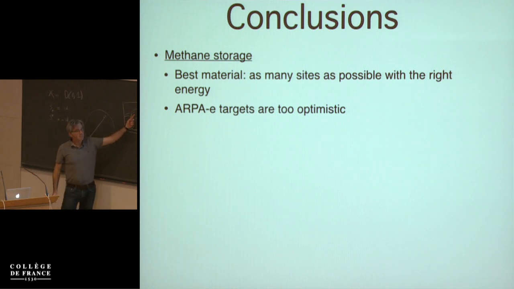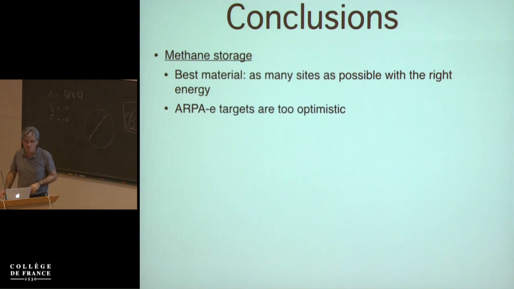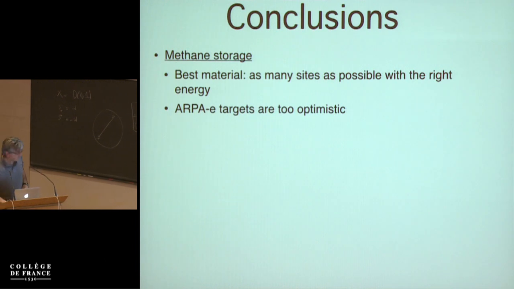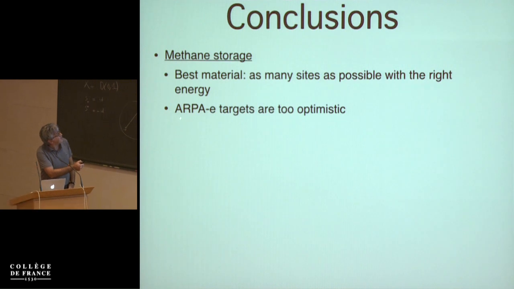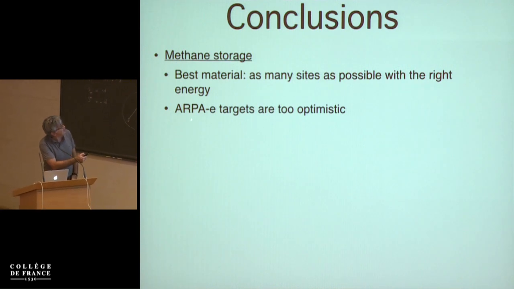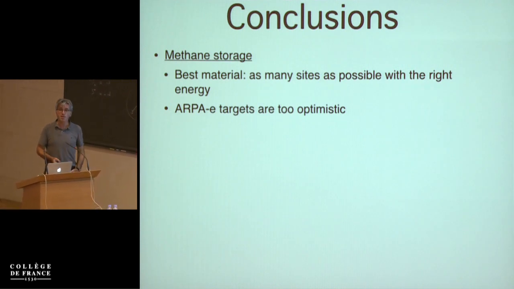The other thing is, methane is not a magic molecule. It has van der Waals dispersive interaction, so there is no chemistry you can play with. So there is no magic with methane. So that's why we strongly think that this is a real limit. Well, of course, then the ARPA-E, which is the energy agency of the Department of Energy in the US, these targets are too optimistic.